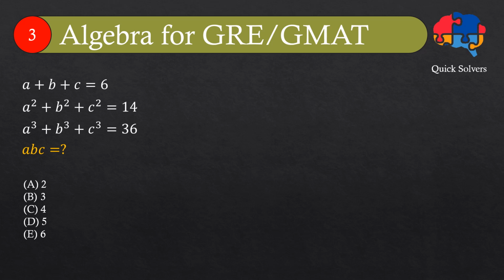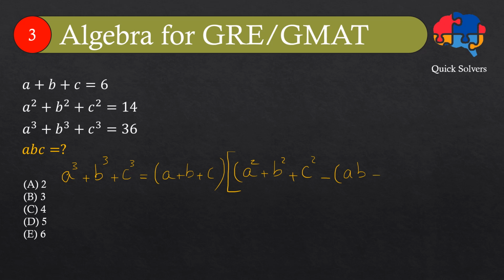So let's continue. It's time to use the identity for sum of cubes, which says a cubed plus b cubed plus c cubed equals (a plus b plus c) times (a squared plus b squared plus c squared minus (a times b plus a times c plus b times c)) plus 3 times a times b times c.